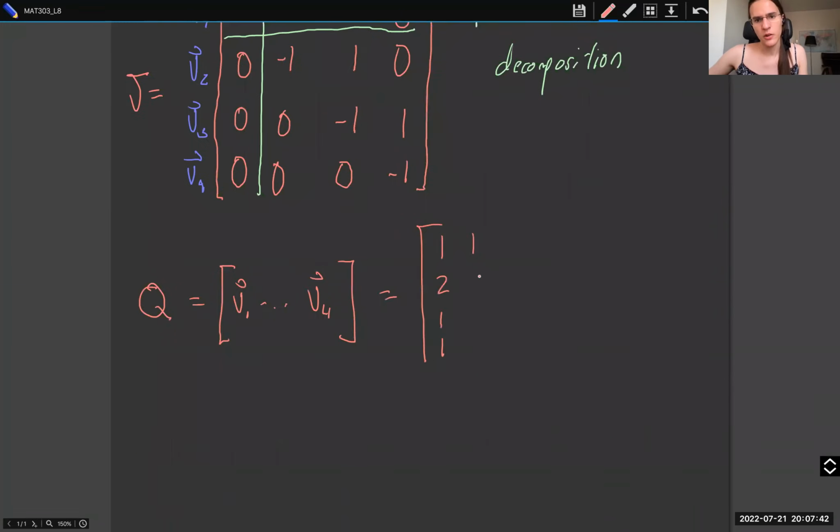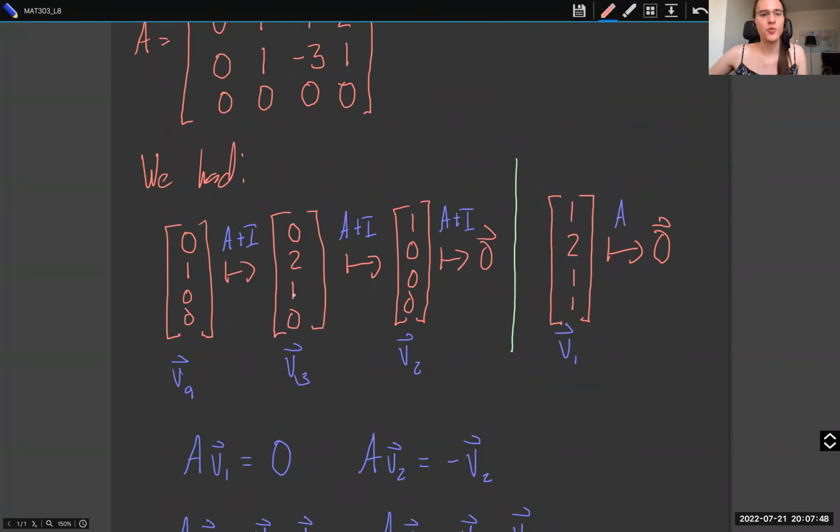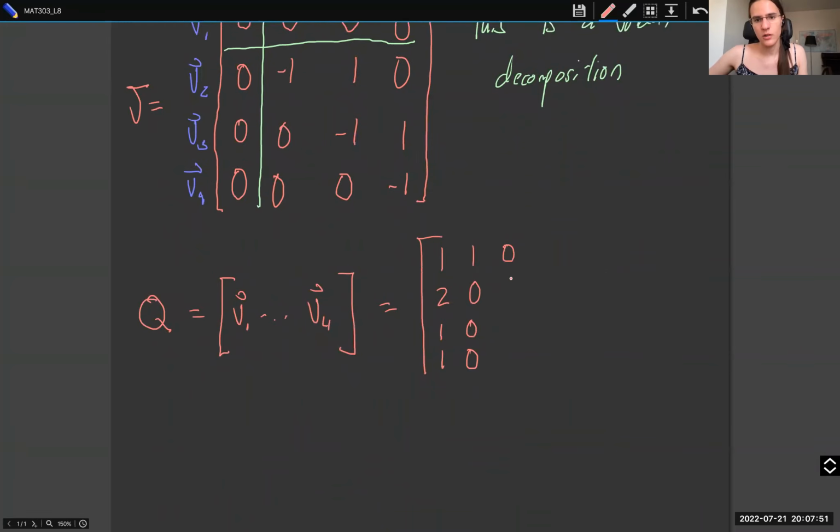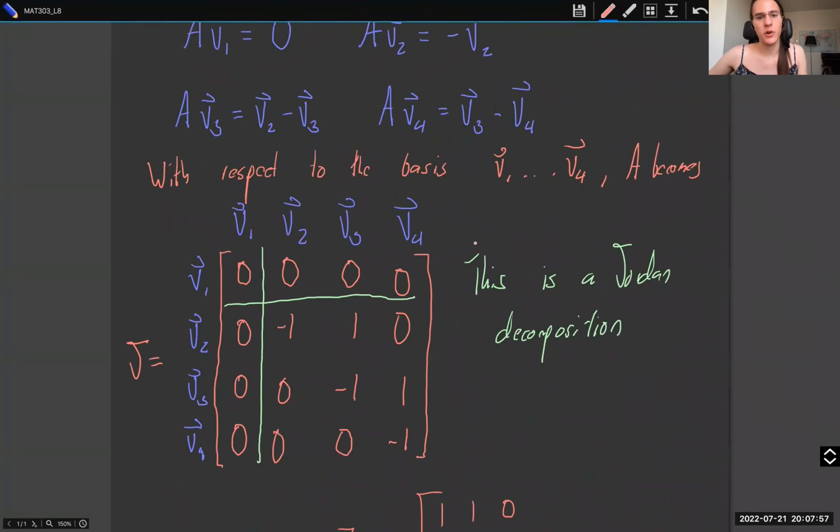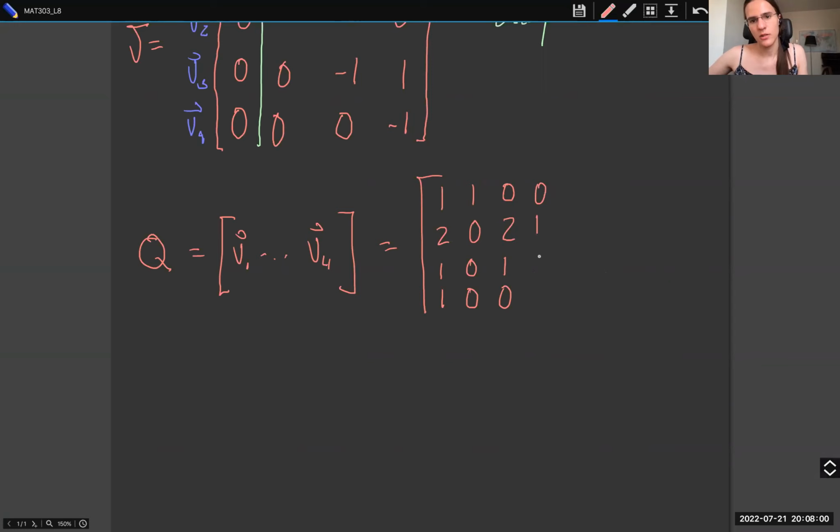Then 0, 2, 1, 0. And then 0, 1, 0, 0. So what property does Q satisfy? Q times the elementary unit vector e_i is equal to Vi, right? So if you start off with the usual basis, which is just a 1 in the i-th position, then it sends that to Vi, right?